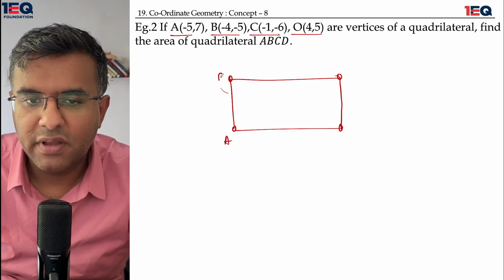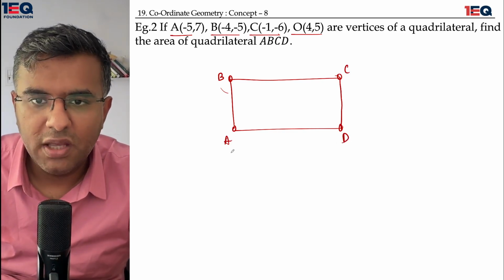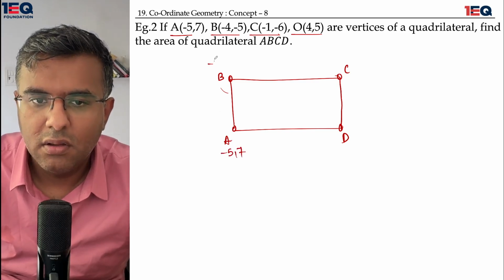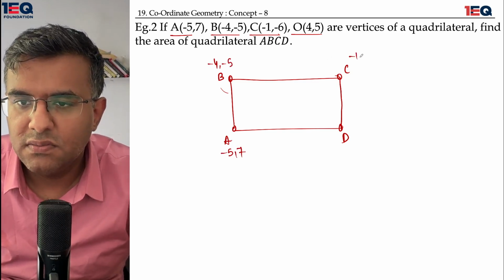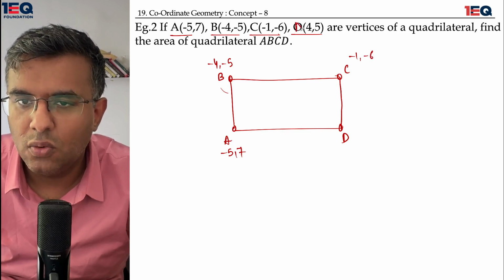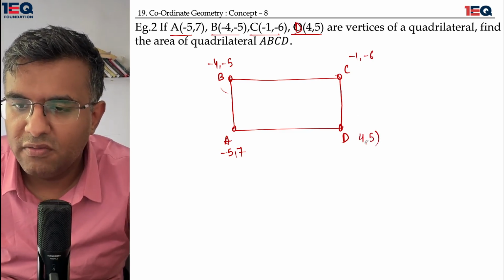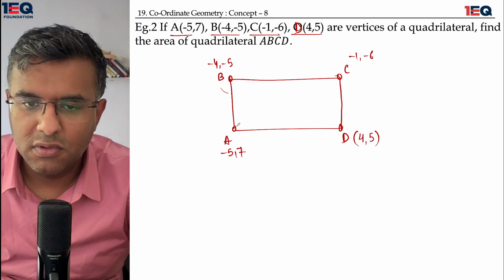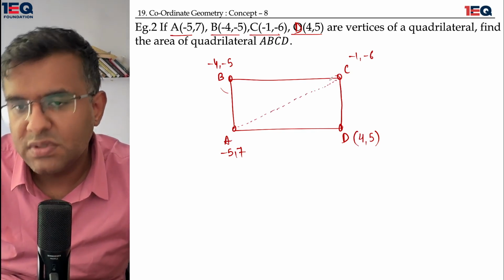So I have A, B, C and D. A, B, C stand for (minus 5, 7), (minus 4, minus 5), (minus 1, minus 6), and this is D. This isn't O, this is D. D is equal to (4, 5). Now there are ways to actually do it, but I'll be using the most simple method.